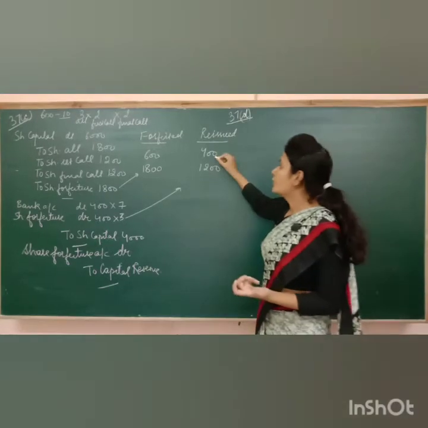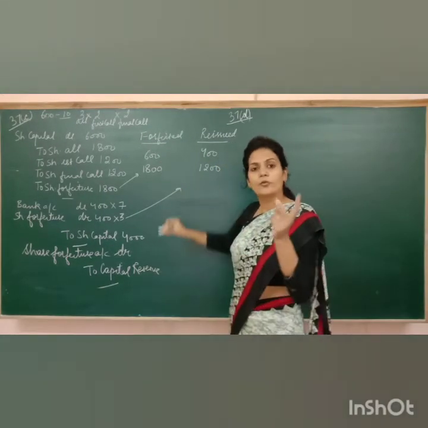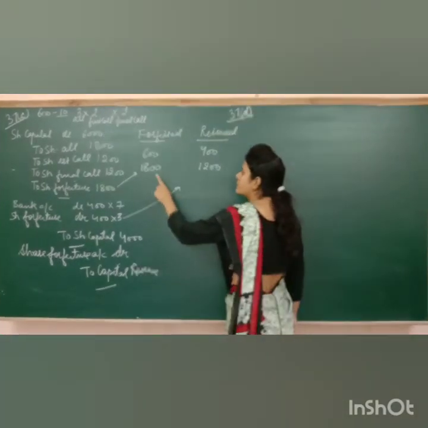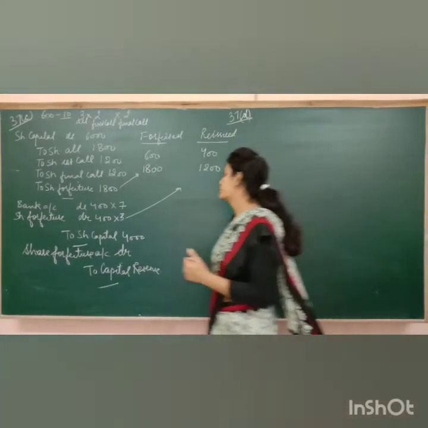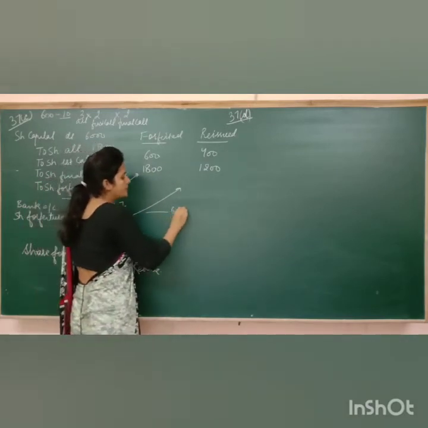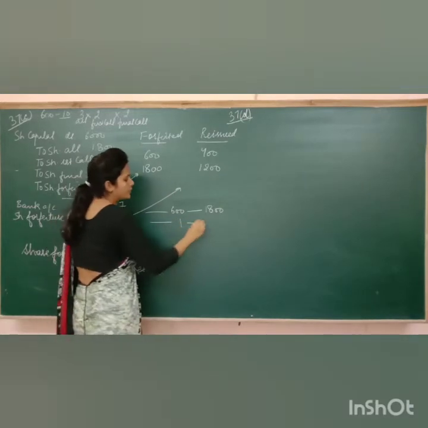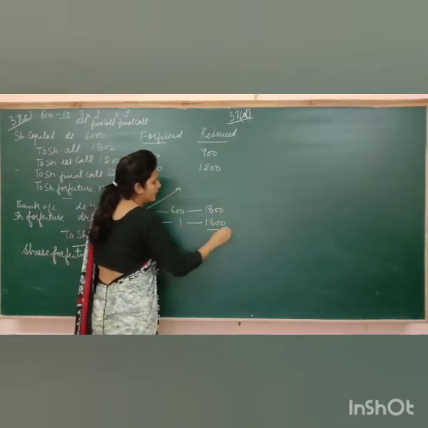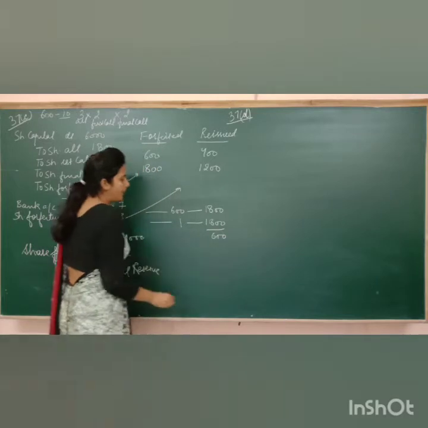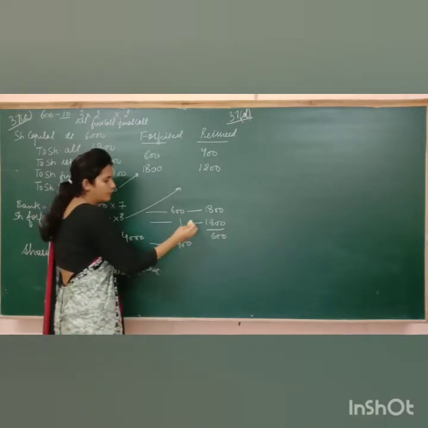You have reissued only 400 shares. So first of all, you have to calculate the profit on 400 shares. This 1800 is the profit on 600 shares. So you now use the unitary method. You know, if profit on 600 shares are 1800, then profit on one share is 1800 upon 600. Then for how many shares? You need to calculate profit on 400 shares.